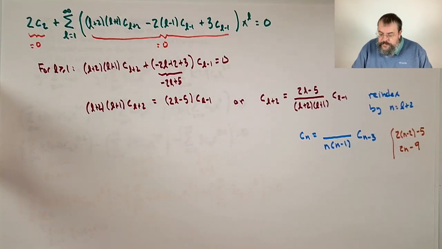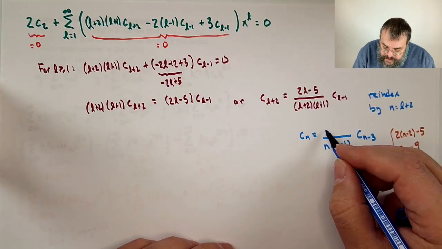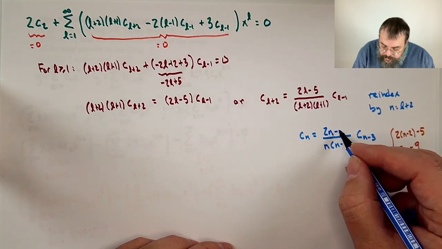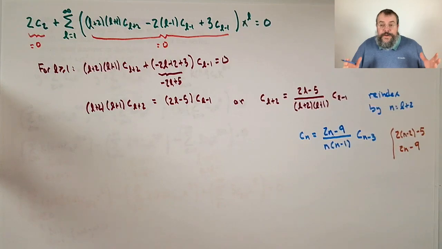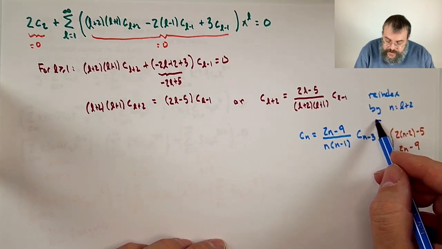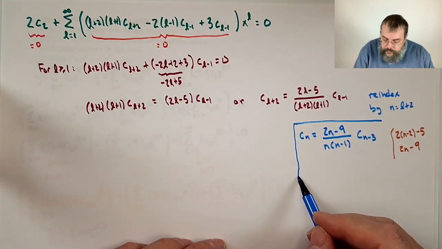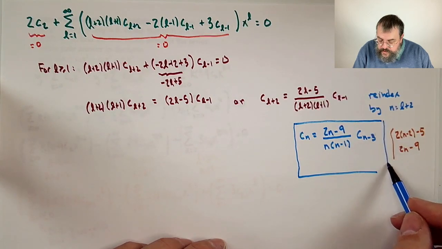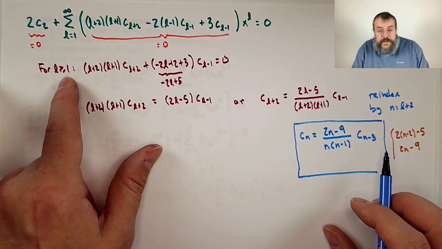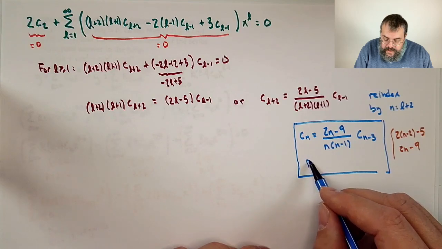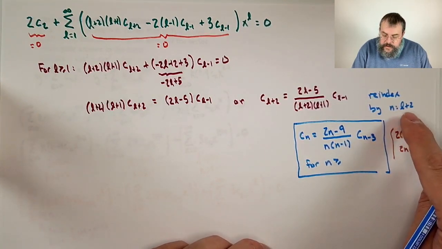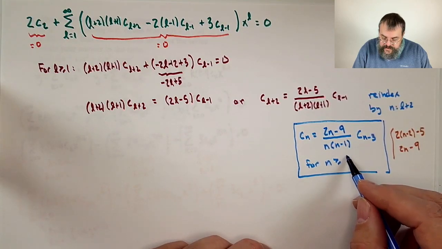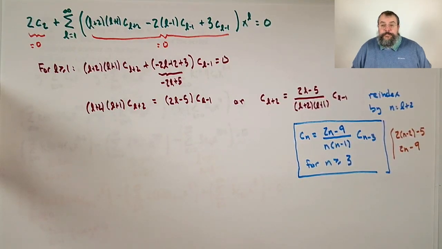Well, that's okay. So 2n minus 9. All right, good. And this is our recurrence. And notice, initially it was for L greater than or equal to 1, and this is for n greater than or equal to, well, 1 plus 2, which makes it starting at 3.